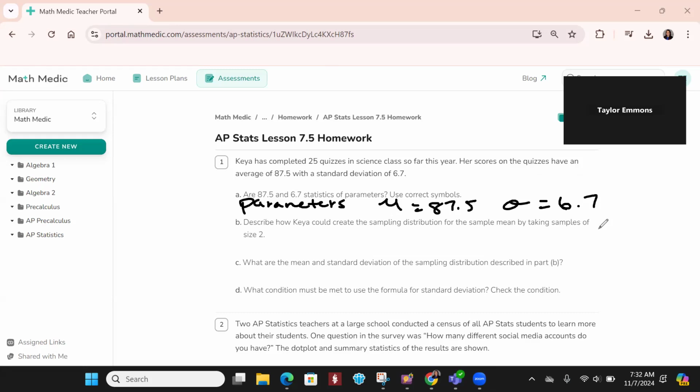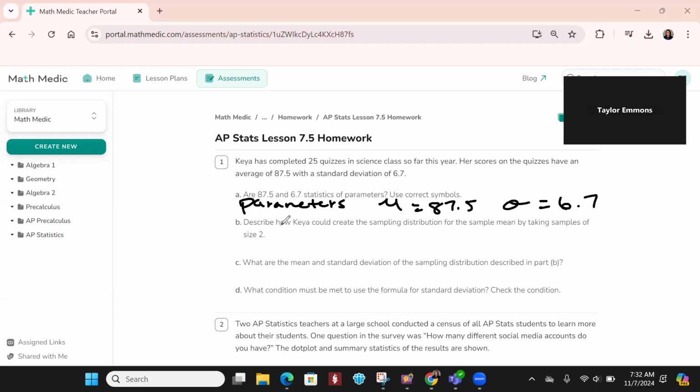Okay, describe how Kaya could create the sampling distribution of the sample mean by taking samples of size 2. So what should she do?